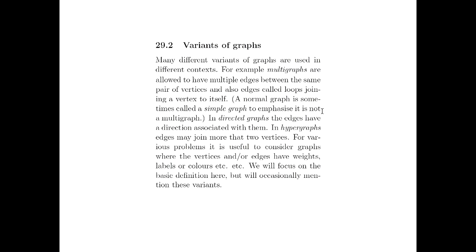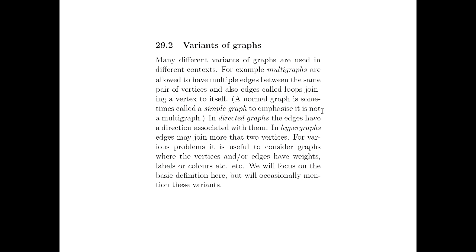Now, at the moment, our graph definition doesn't allow any of those because our edges are unordered sets, unordered pairs, so we don't have direction. We've said that our edges have to be pairs of vertices, as in two, so we can't have edges from a vertex to itself. And because our edge set is a set, everything can only be in at once, so we can't have multiple edges between vertices.